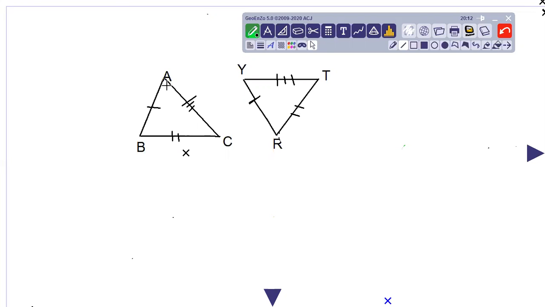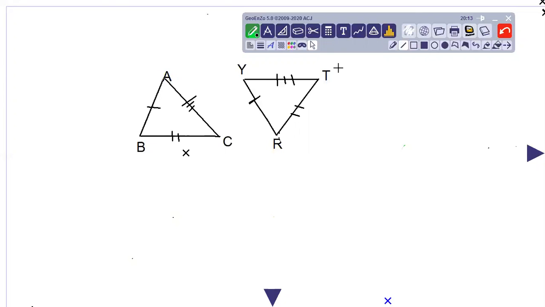So, since A corresponds to Y, angle A equals angle Y. Since B corresponds to R, angle B equals angle R. Since C corresponds to T, angle C equals angle T. But in naming, I will do it like this: angle CAB, anti-clockwise for the first triangle, CAB is equal to the measurement of angle TYR.